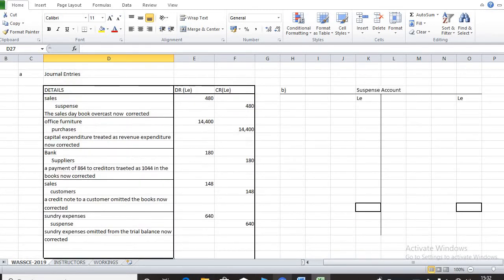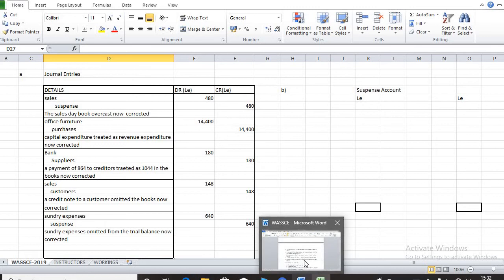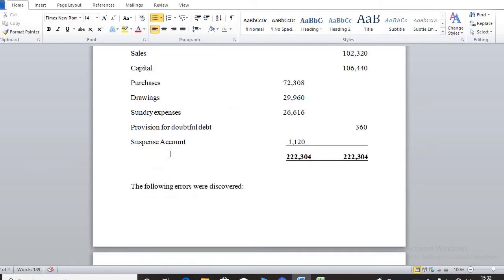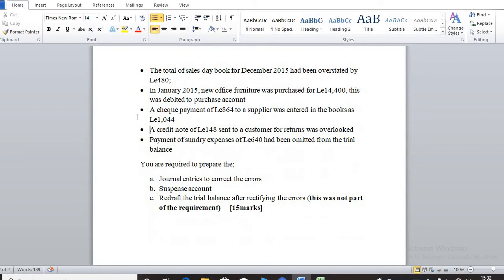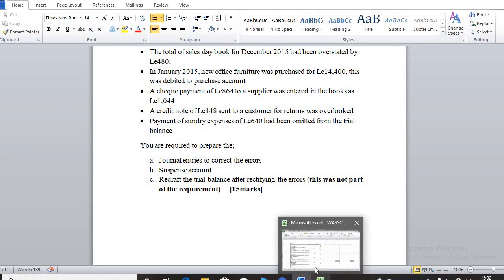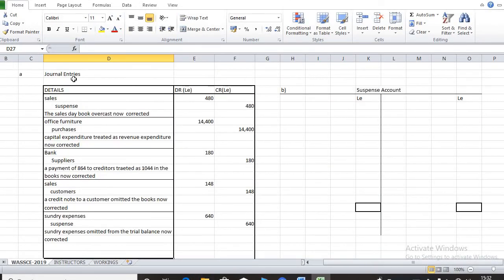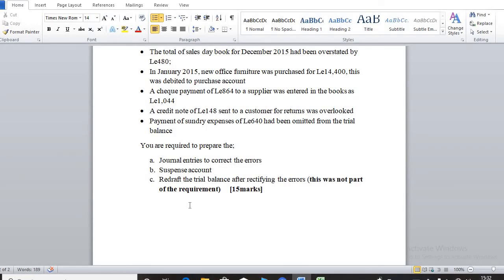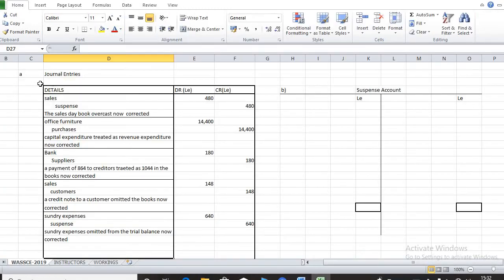So with this, we have successfully completed rectifying the errors identified in the books using journal entries. We are done with requirement A. We said we should rectify the errors using a journal entry, and this is how you present your answer.